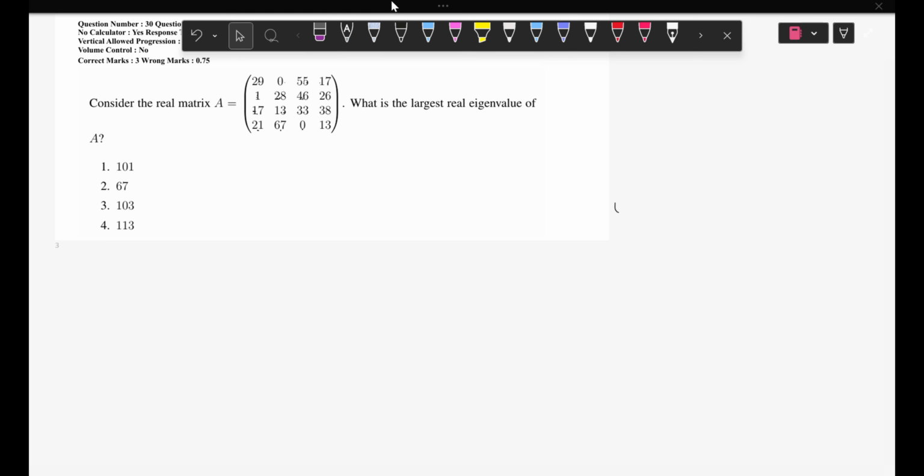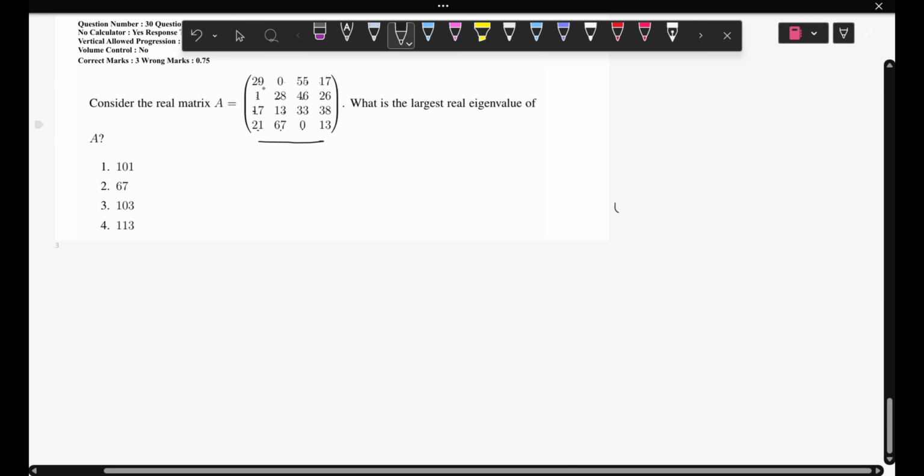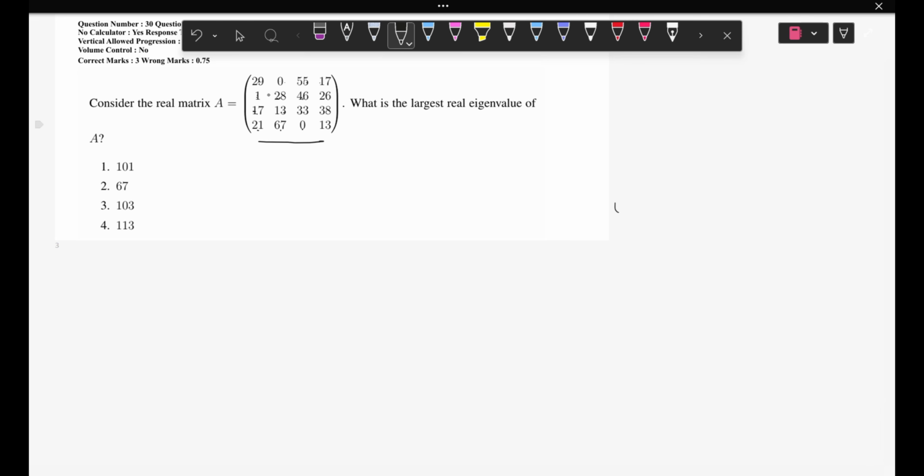And if you try to find the roots of the characteristic polynomial, that would be very complicated. But we can bypass that process by a key result. What is that result? As you can see, all the elements of the matrix A are non-negative.